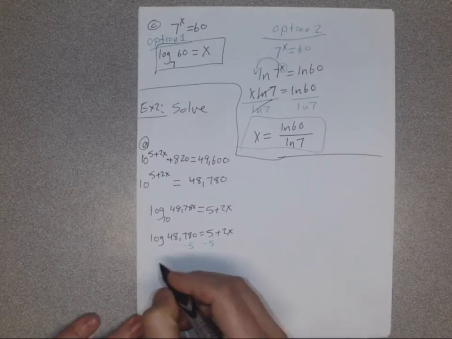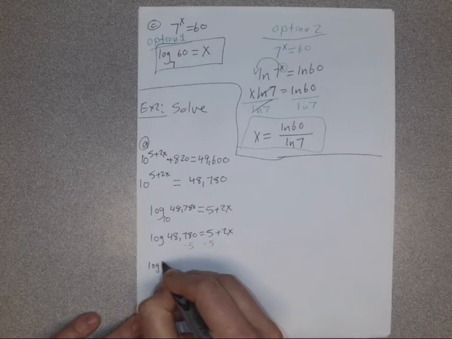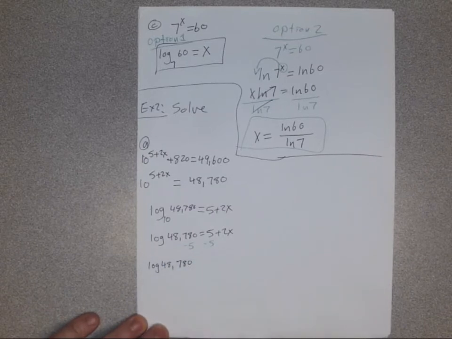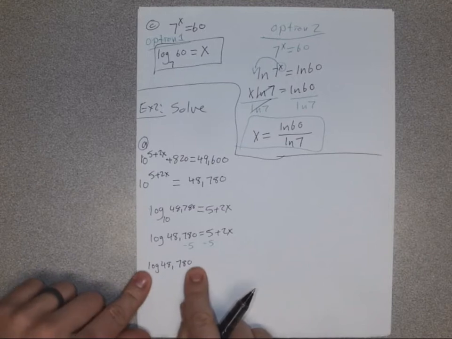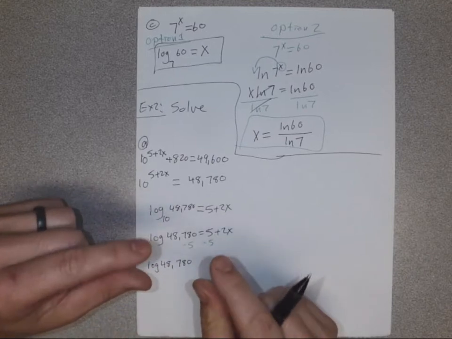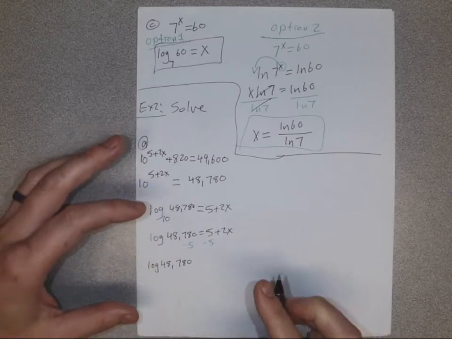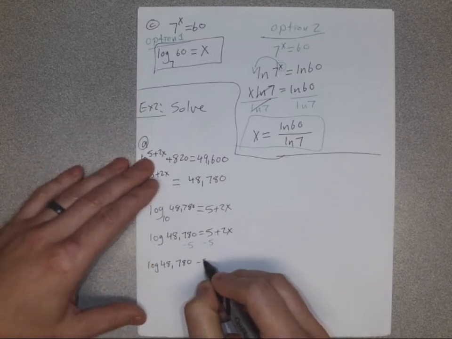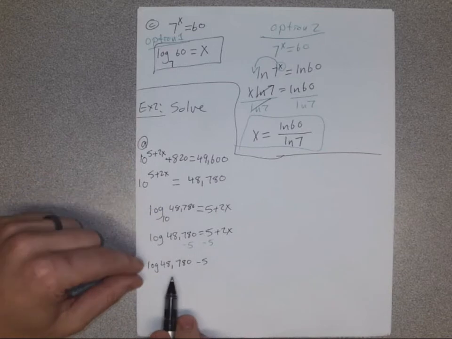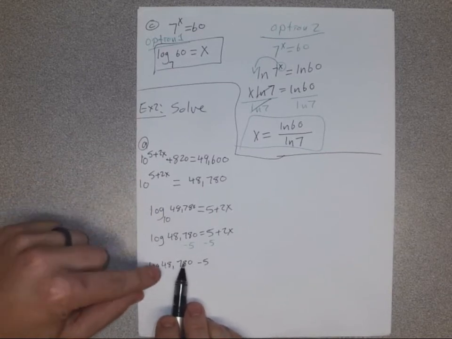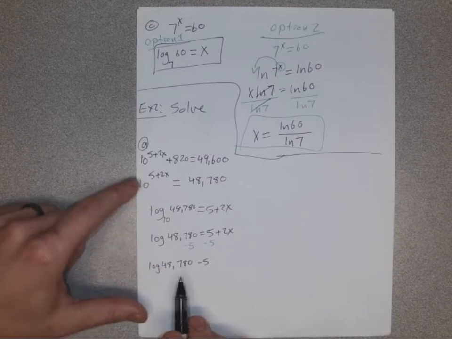Here's a simple mistake that you can avoid. So this is log of 48,780. All right. This log 48,780 is a number itself. So if you were to put that in your calculator, you're going to get some number. All right, and you want to subtract 5 from that number. Be careful here, because some people subtract that 5 from this 48,780, and that is wrong.